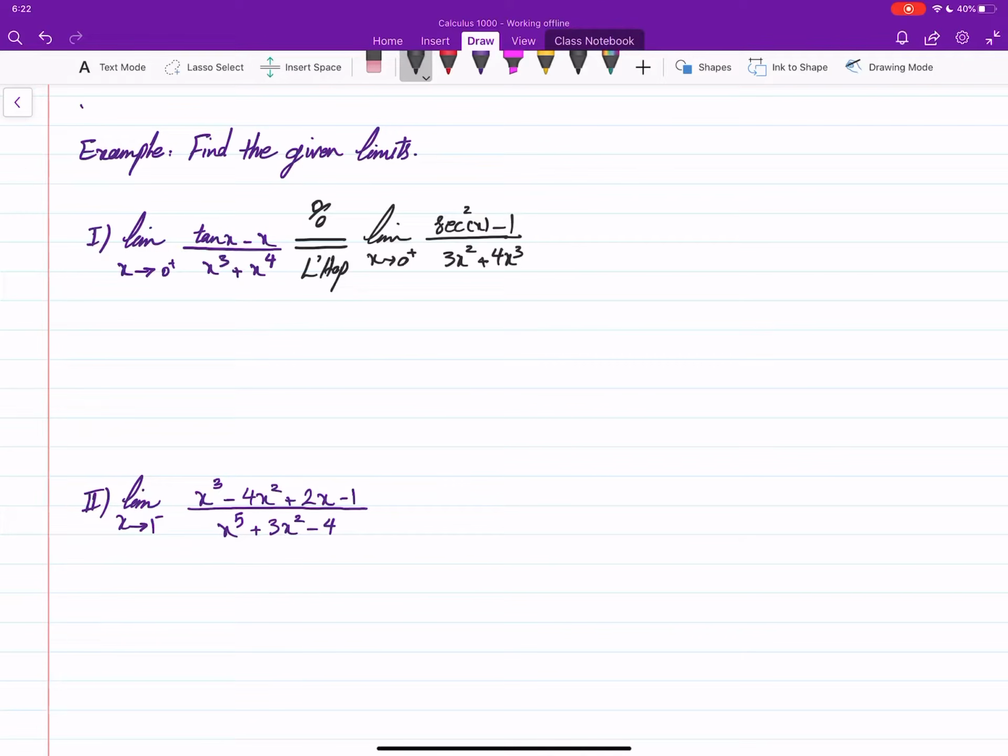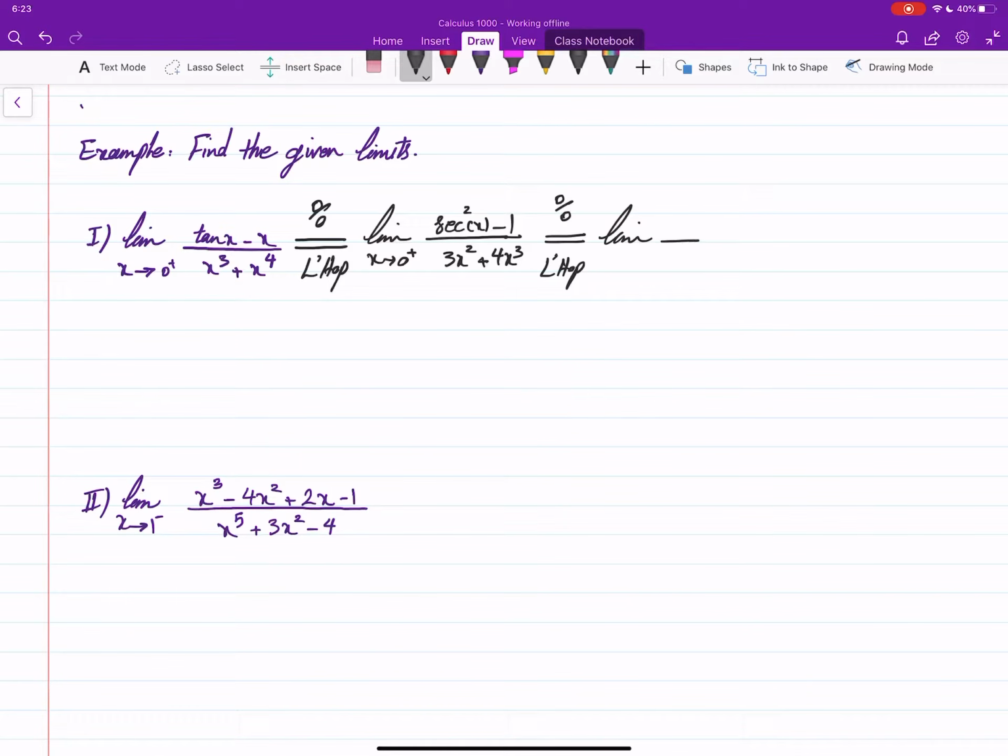Very nice. Now we have a new limit, and we can again check the limit of the numerator and denominator separately. Again, you get 0 over 0, and since the functions are differentiable, we can use L'Hopital's rule.